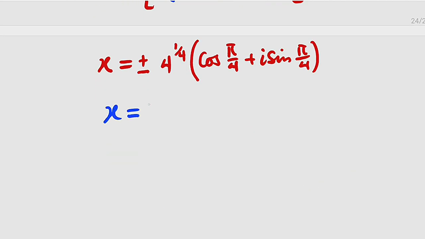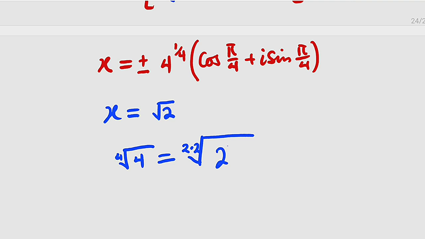x is therefore equal to 4 raised to the power of 1 divided by 4, which is the same thing as the 4th root of 4. And you know that 4 can be written as 2 squared. Therefore, the 4th root of 2 squared is equal to the second root of 2, which is the same thing as square root of 2.